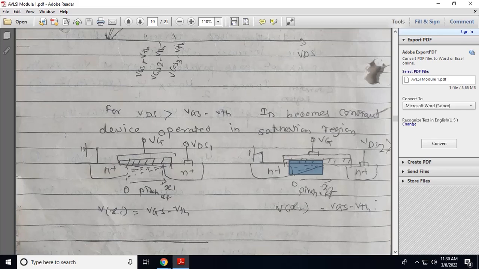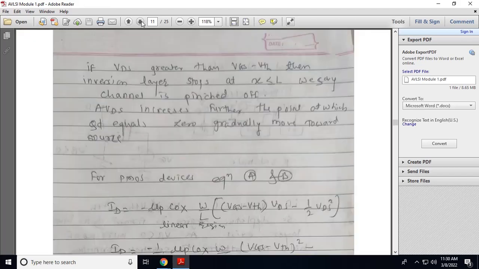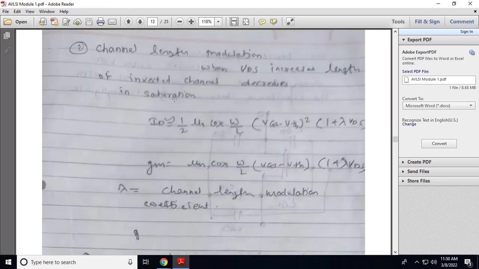If you compare these two diagrams, in the first case the length of the channel is the maximum for VDS1, and when VDS2 is greater than VDS1, the length of the channel is small. So the length of the channel decreases when you increase drain to source voltage, and that is called the channel length modulation effect.